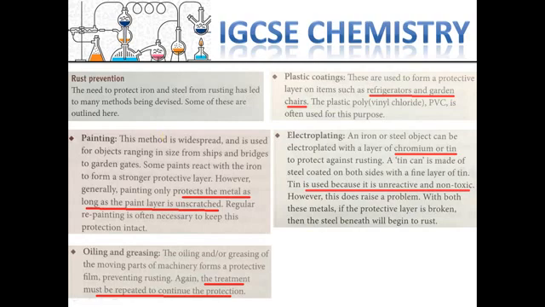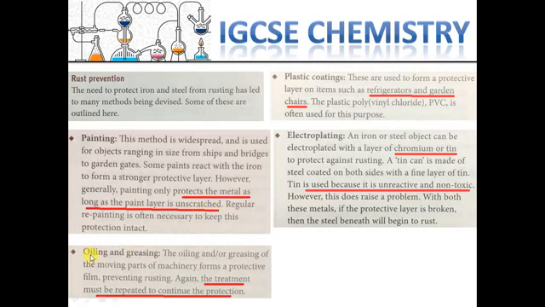But there are many methods that can be used for preventing metals from rusting. One is painting. Painting is a common method, and it's also cheap, but it's not permanent, and after a while it needs to be applied again, and it only works as long as the paint layer is unscratched.